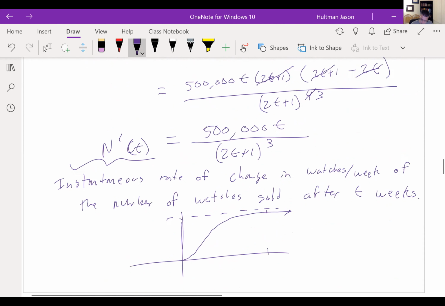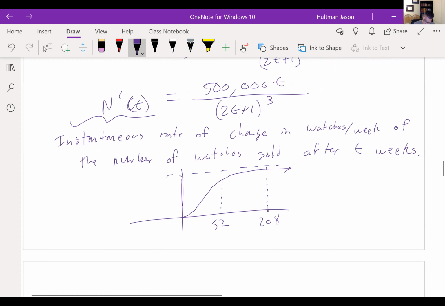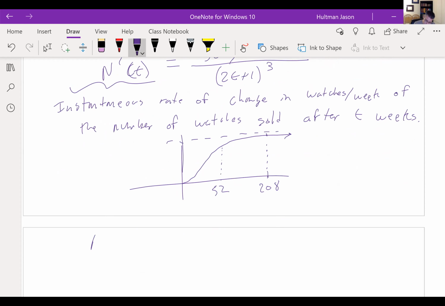But we're interested in what's going to happen after 52 weeks, which is 1 year, and after 208 weeks. How fast are the watches changing? What's the rate of change in watches per week? So all we have to do is plug these numbers into the derivative, and we'll calculate.